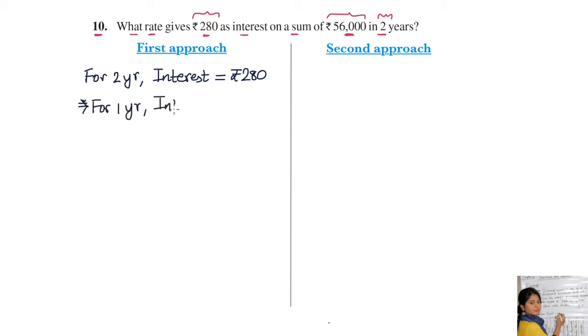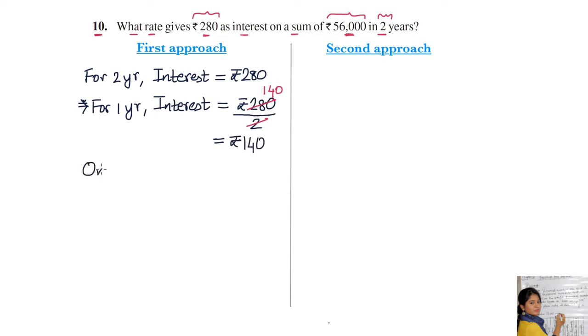So the interest made will be equal to rupees 280 divided by 2. Now we will reduce it. 2 times 140 is 280. It means that for 1 year the interest made is rupees 140.